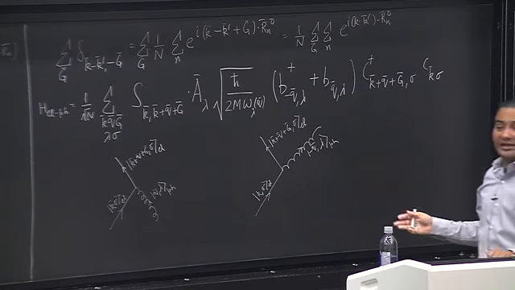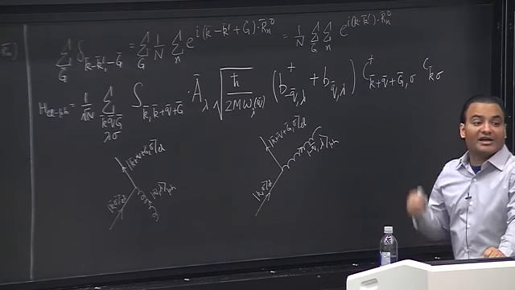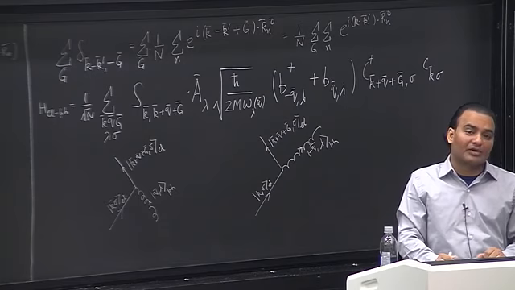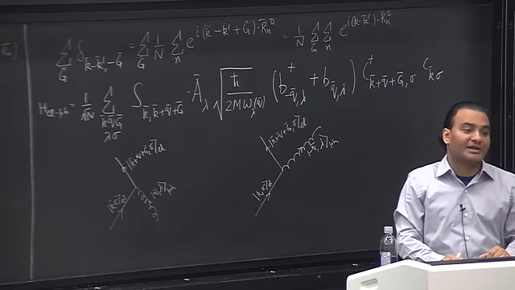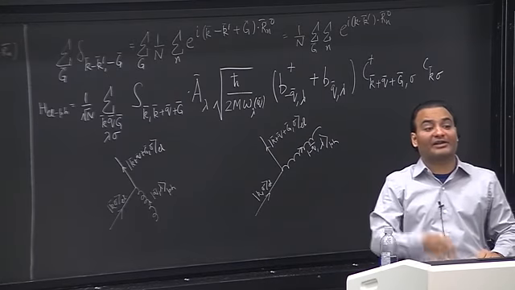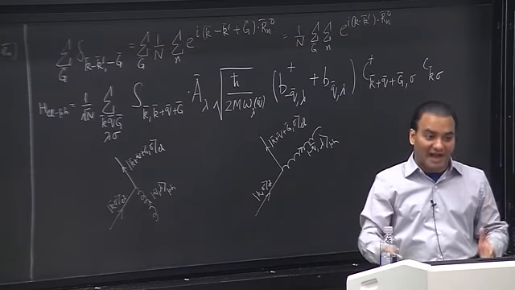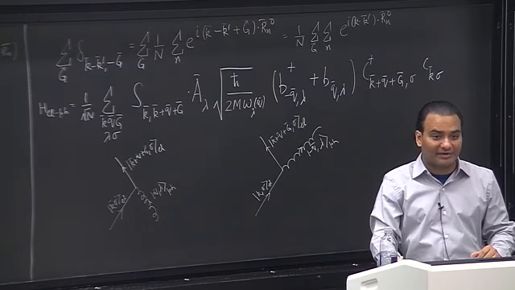Now you can see what this interaction does. This interaction conserves momentum only up to a reciprocal lattice vector. This should not come as a surprise because this interaction is an electron interacting with a periodic lattice. So the momentum of the lattice is only conserved up to a reciprocal lattice vector.